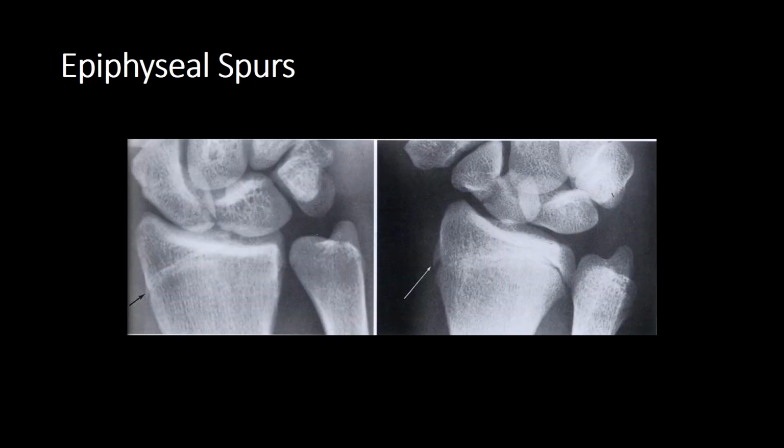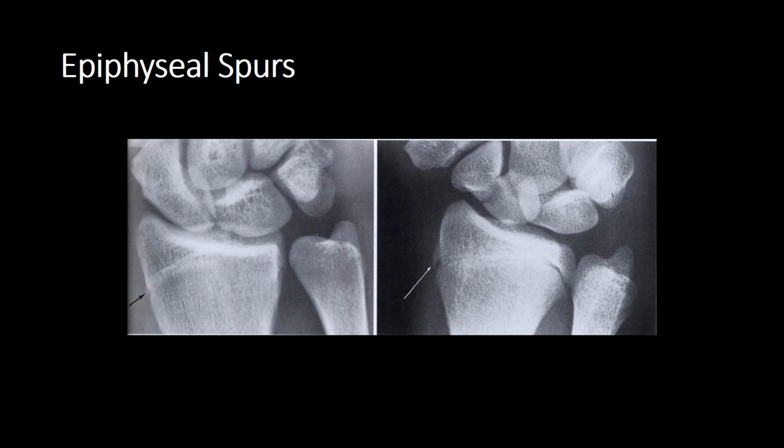Epiphyseal spurs are very common, and unfortunately they have a slightly triangular appearance. They're quite sharp, and so they could quite easily be misconstrued for a little fracture.